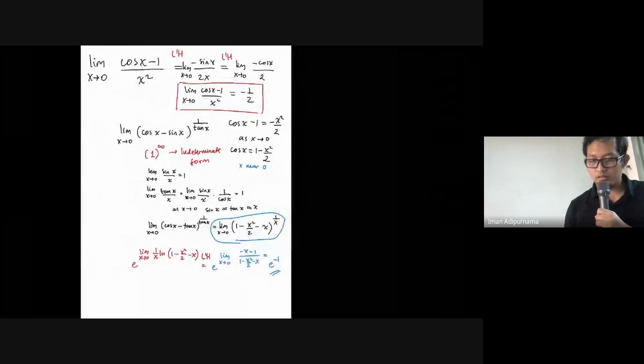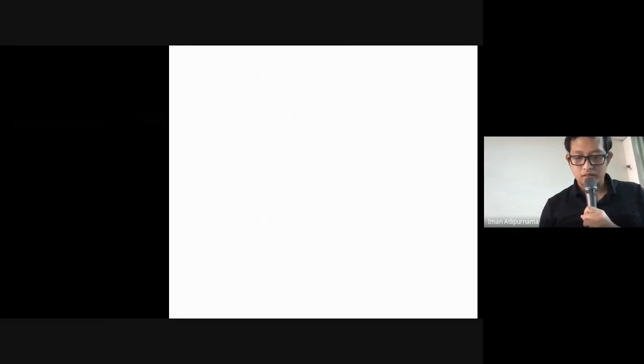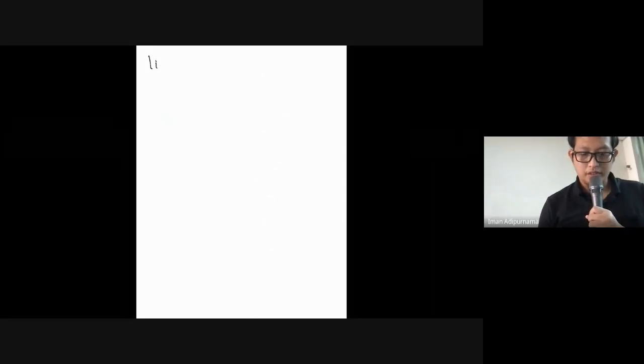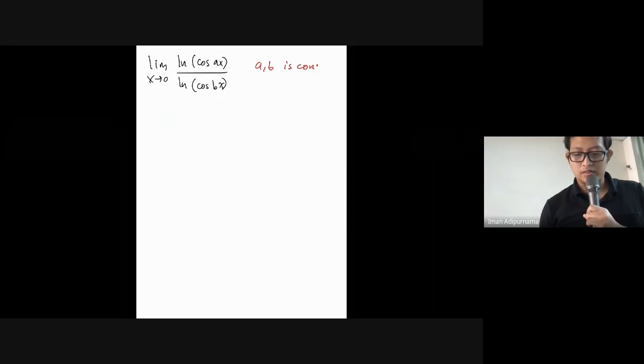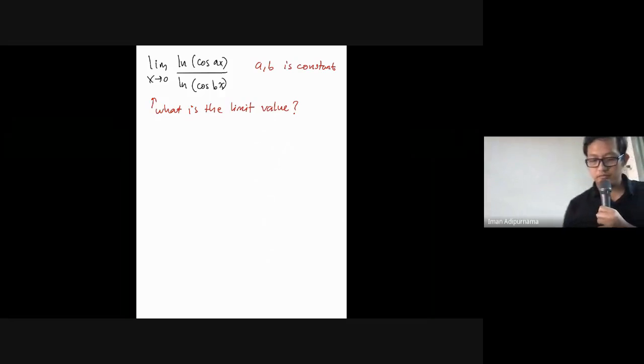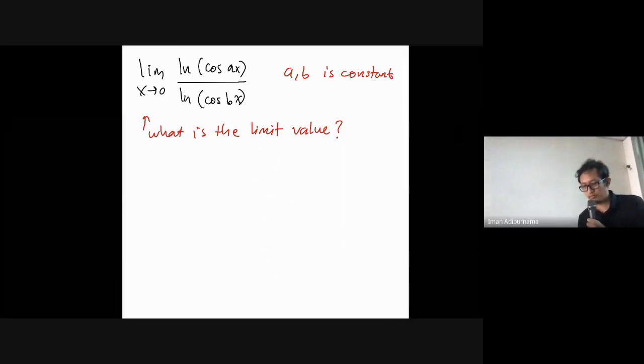Okay, another example. If I have the limit as x approaches 0 of ln cos ax over ln cos bx, and a, b are constants, what is the value of the limit? It's ln 1 over ln 1 if you put 0, so it's a 0 over 0 situation.